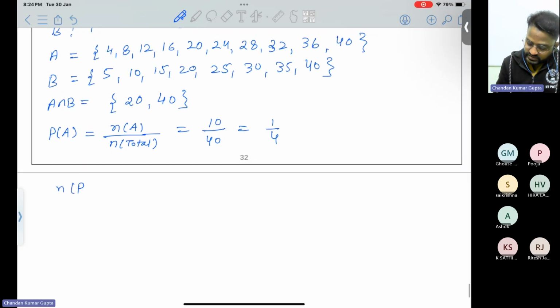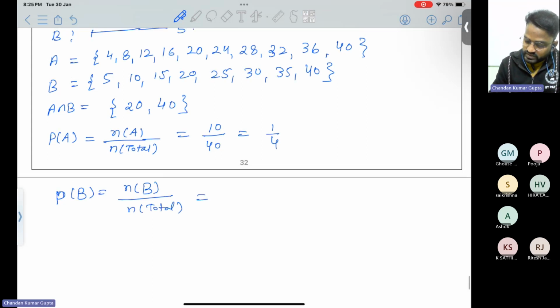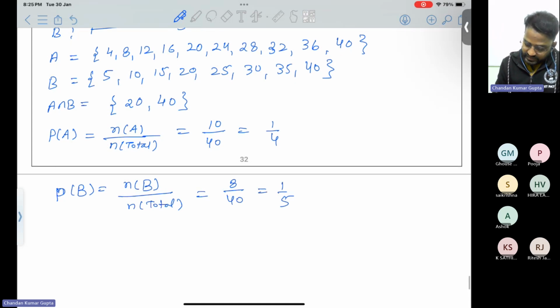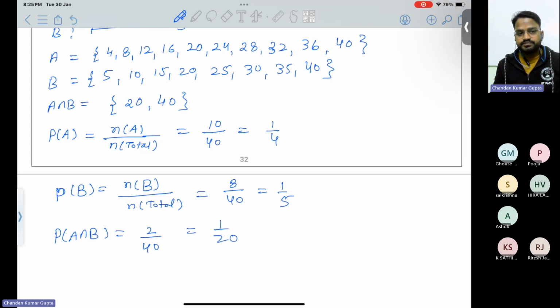Probability of B is 8 upon 40, which equals 1 by 5. And probability of A intersection B is 2 upon 40, which equals 1 upon 20. Is it correct up to this point?